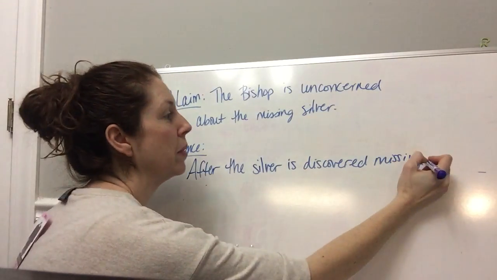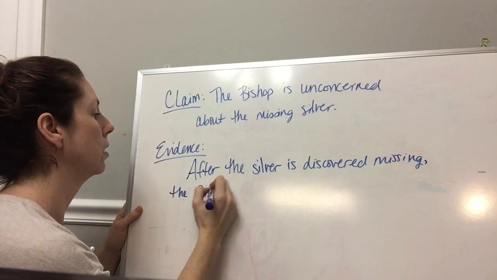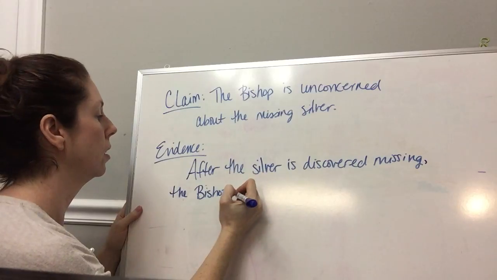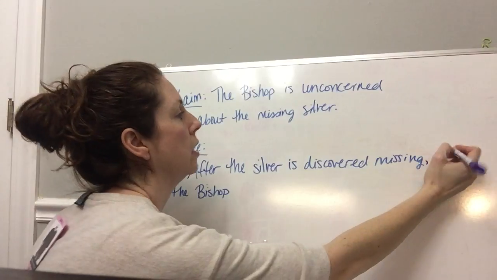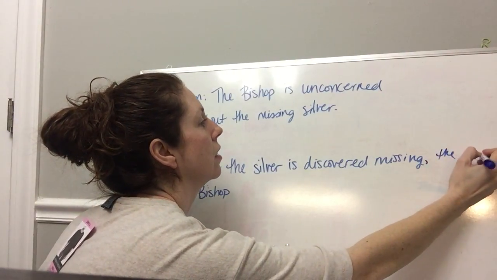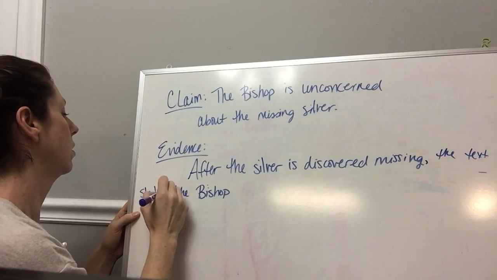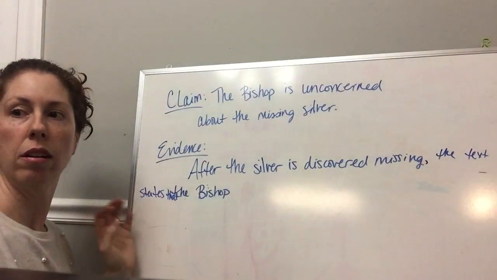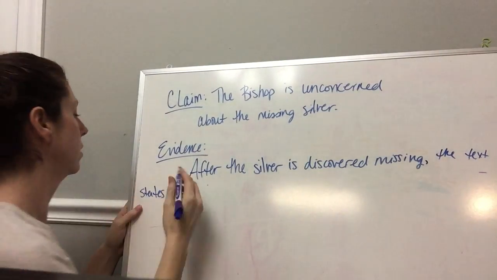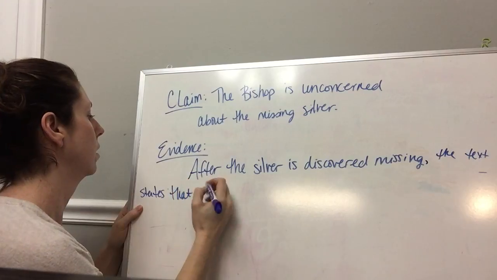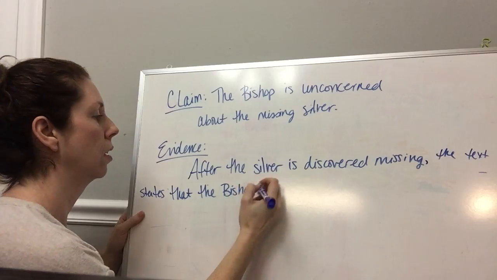So after the silverware is discovered missing, the bishop, okay, let's put the text states in here. The text states, forgot my evidence starter, that, I'm going to squeeze that in there. The text states that the bishop, okay, and here we go.